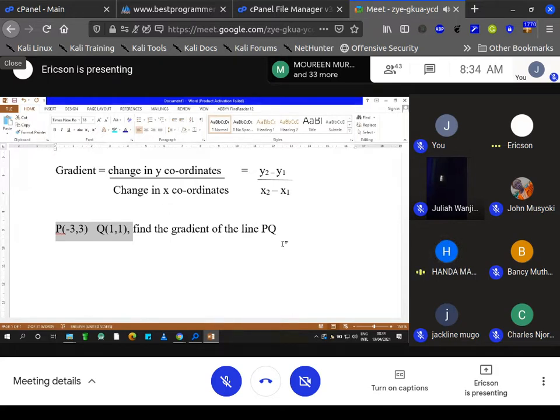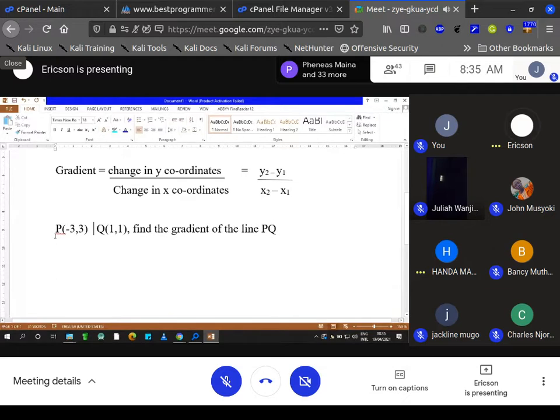You should plot this graph using the coordinates P(-3, 3) and Q(1, 1).